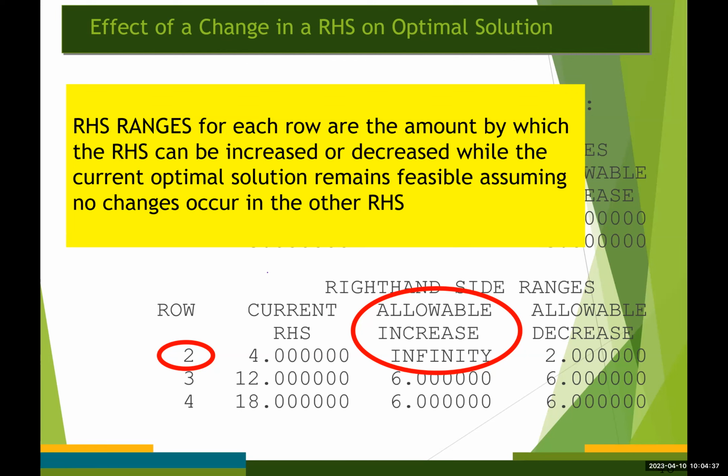Again, within these ranges, the current optimal solution remains feasible, and the current set of binding constraints remains the same.